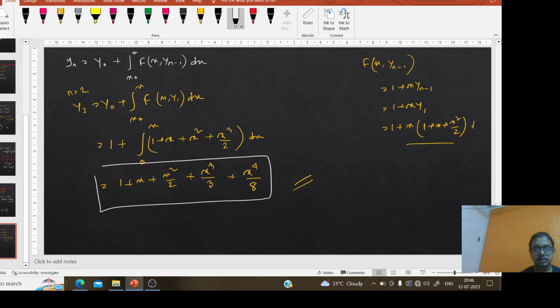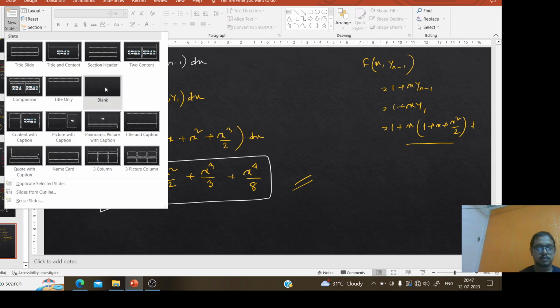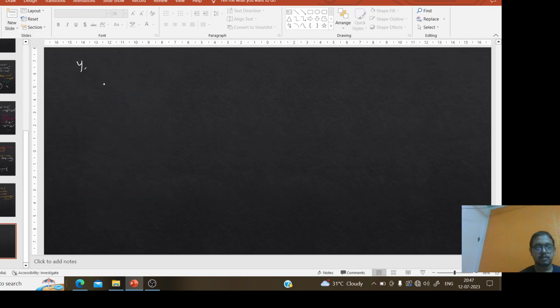Similarly, now we have to find the value of y3. So again, I go to another slide. Here y3, same process. y3 is equal to y0 plus the integral from x0 to x of f of x comma y2 dx. So here f of x comma y2 means 1 plus x y2.